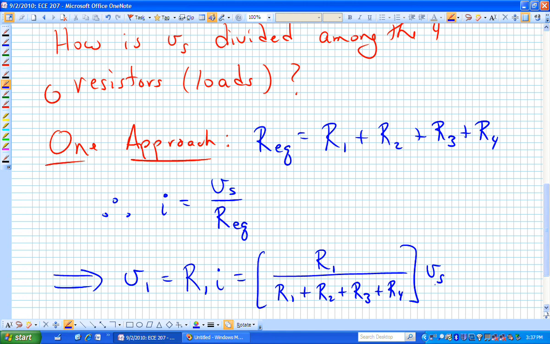I had to multiply it by R sub 1. Let me just group all the R's together and factor out the source voltage, V sub S. That's the expression I was hoping you would come up with at the end of class last time. There's V1 in terms of the R's and V sub S.